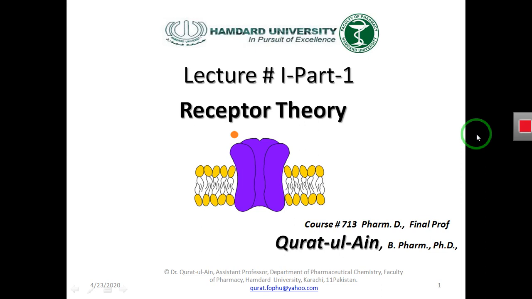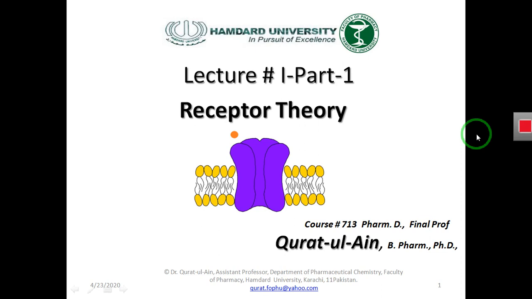But dear students, before starting to understand receptor theories, we should first know what receptors are and how receptors work, what ligands are, what the chemical nature of these receptors and ligands is, and where these receptors are usually found.